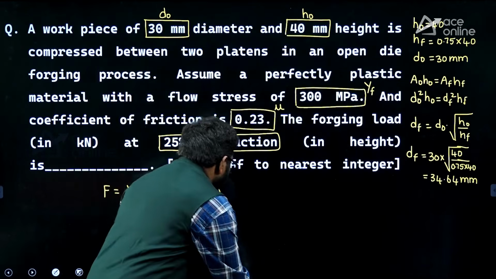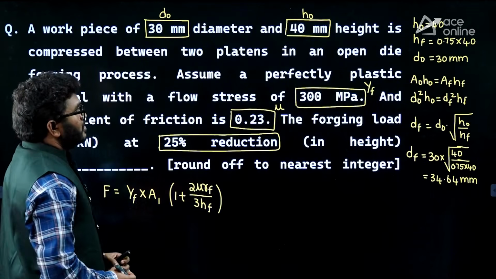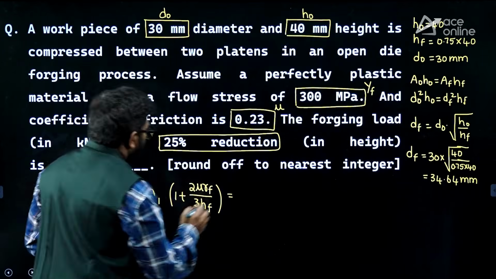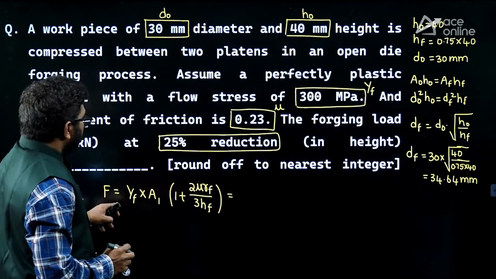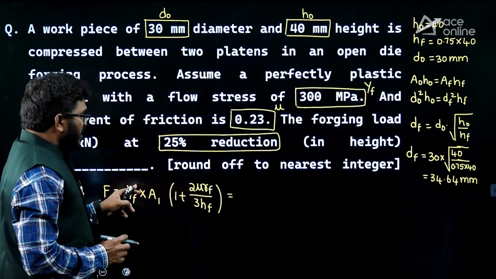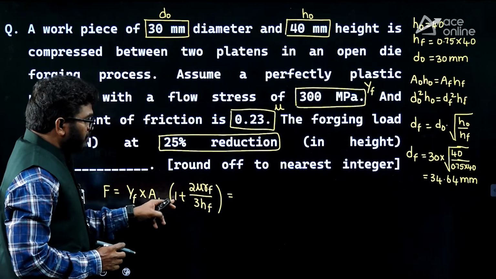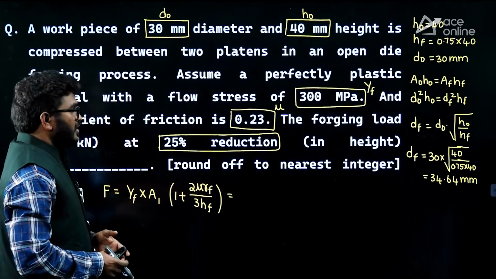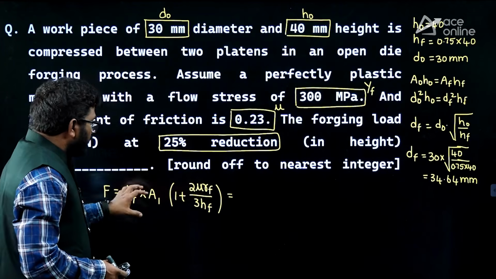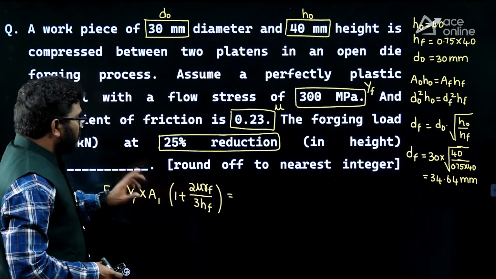Now we'll substitute in this equation. The forging force equals flow strength of the material into final area into 1 plus 2 mu R_F by 3 H_F. If mu is 0, you can take directly flow stress into area.